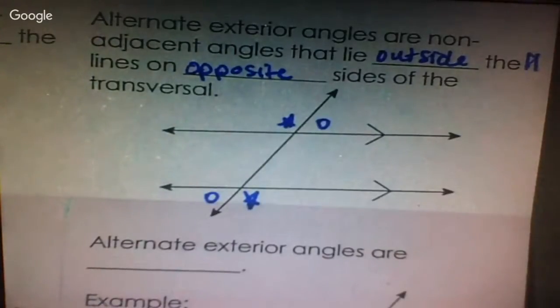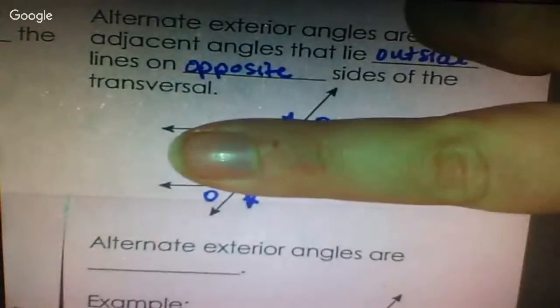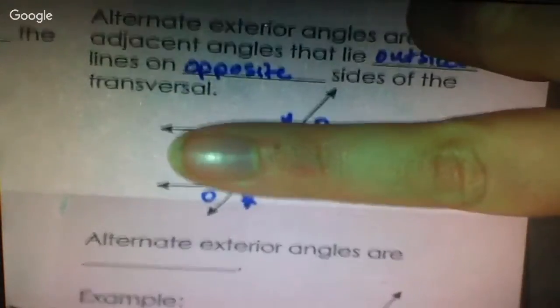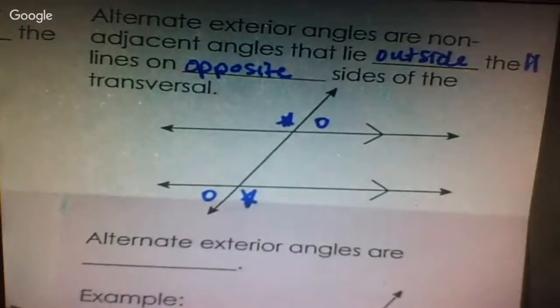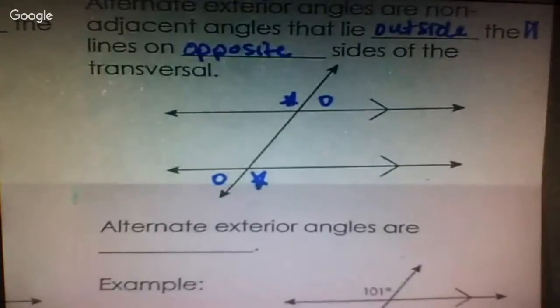I've literally had to have kids take their fingers and cover up the inside to know that it's the outside. If you need to do that to wrap your head around this concept, please do so. If that's what you've got to do, that's what you've got to do. There's nothing wrong with it.